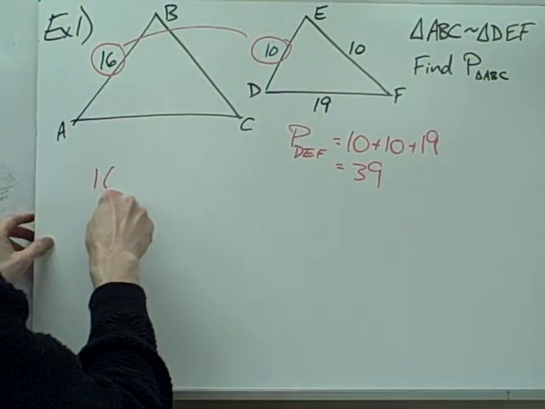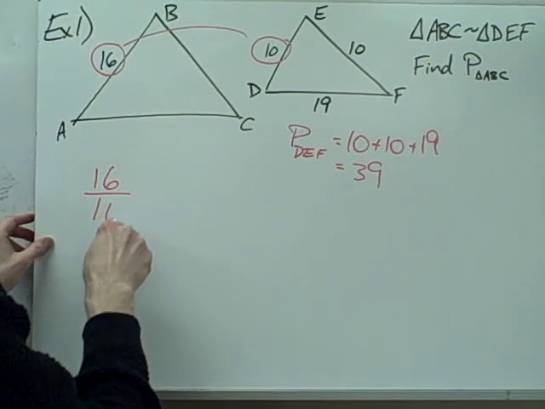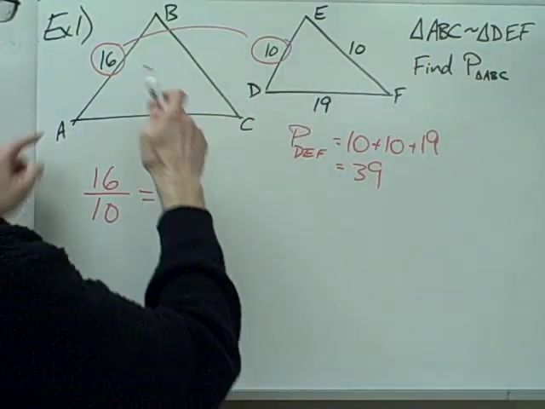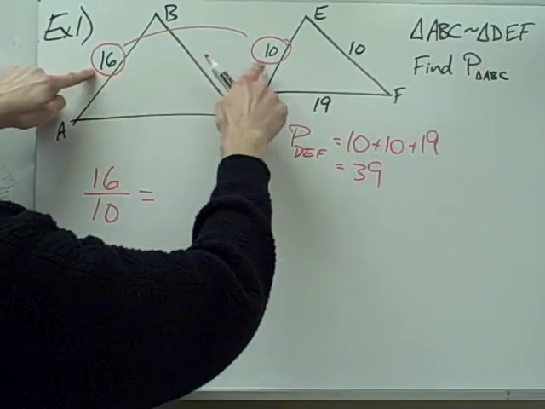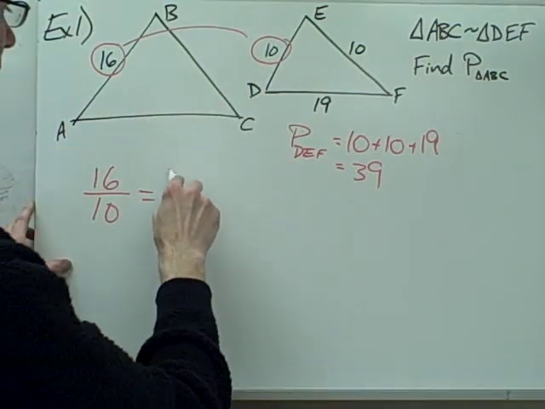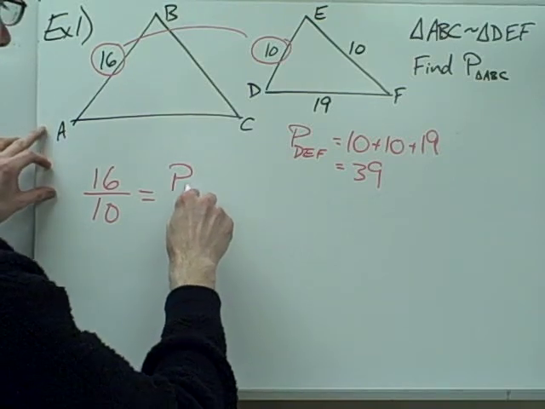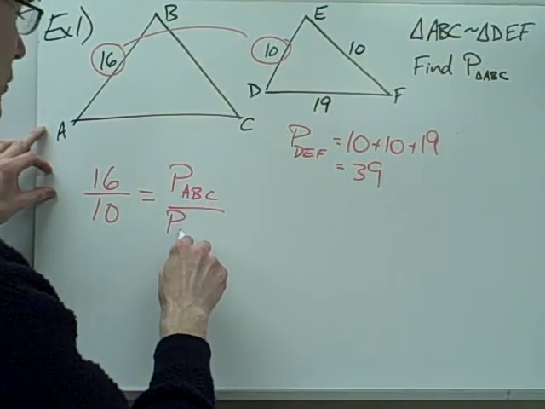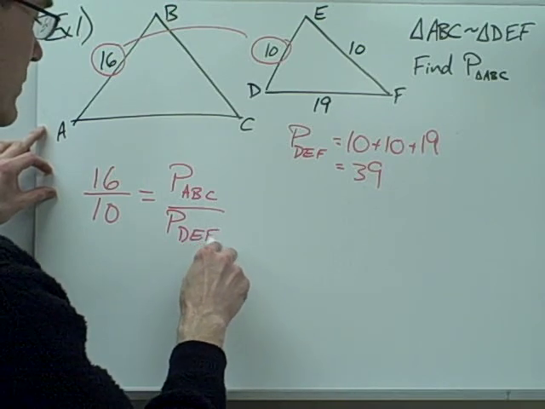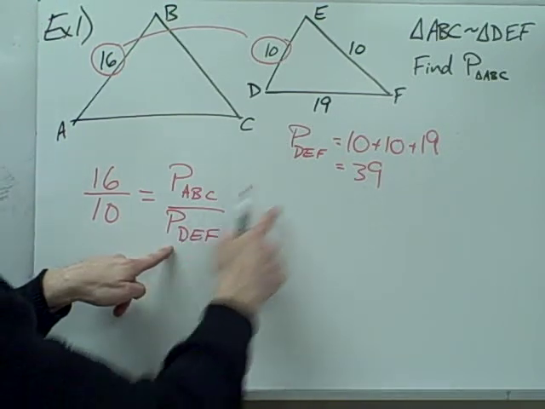So if my perimeters are proportional to the measures of these corresponding sides, then 16 to 10 is going to be proportional to the perimeter of triangle ABC over the perimeter of triangle DEF. Well, I know what the perimeter of triangle DEF is.